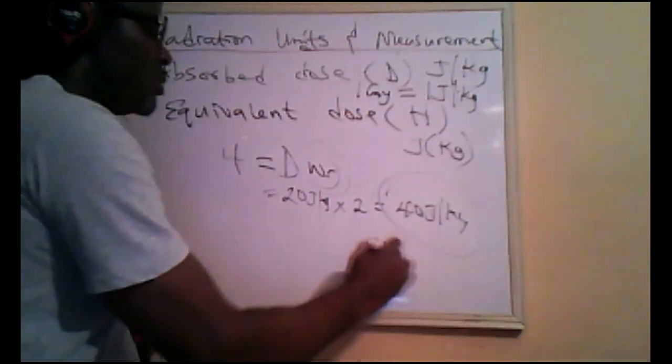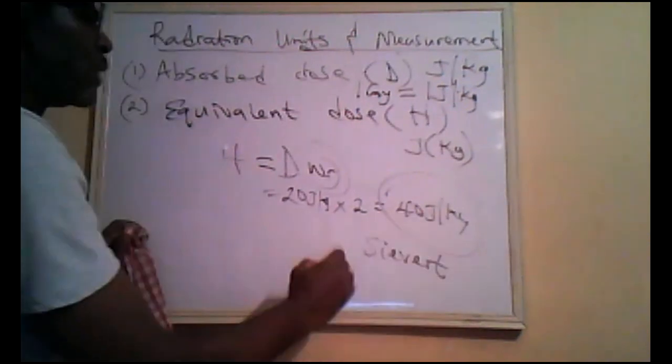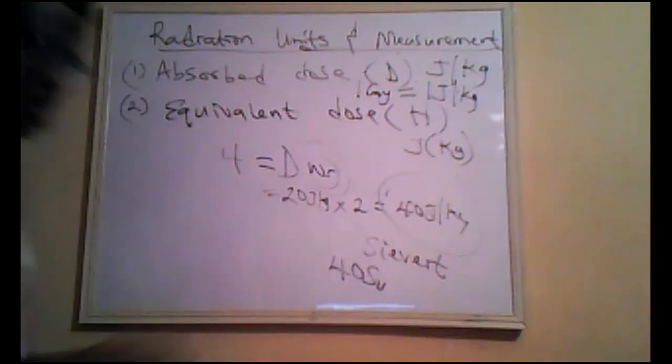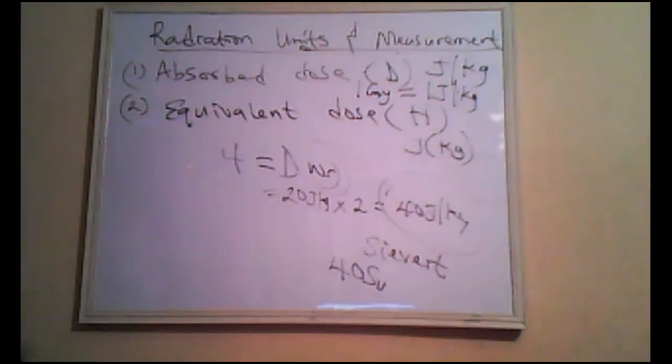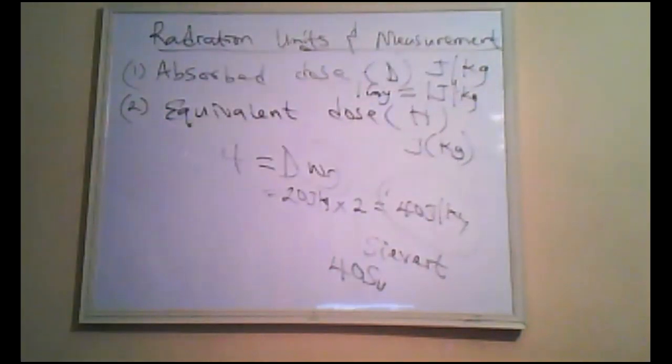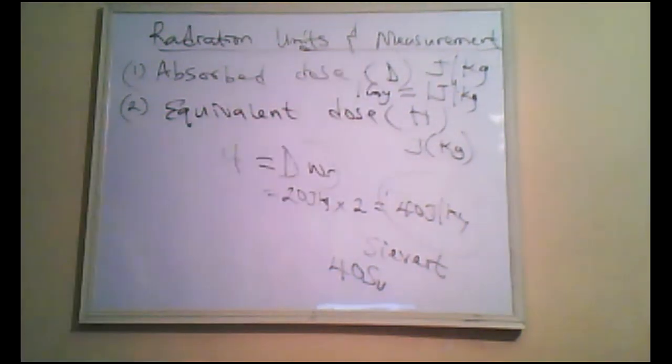We call it sievert. Instead of 40 joule per kilogram, we just say 40 Sv. So whenever somebody says this, the person will know that we are talking about a quantity that has brought radiobiology to bear. It's different from this one, just a straight calculation.